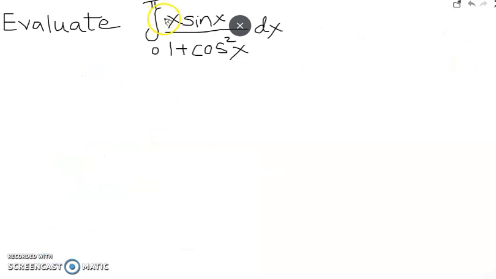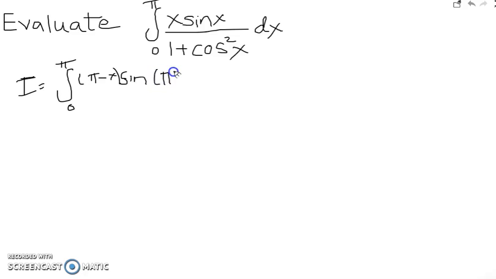This is the question. First of all, what I said, let it be I. I is equal to the integral from pi to 0. In the place of x, what should we write? Pi minus x. Sin of pi minus x by 1 plus cos square x, right?